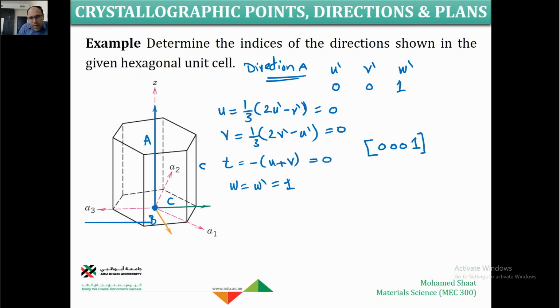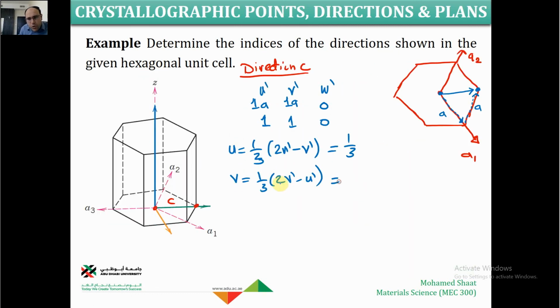Yes, exactly. And this gives us 2 negative 1 gives 1, times 1/3 equals 1/3. And T equals negative U plus V, which is U plus V gives 2/3, so this gives us negative 2/3, and W will be W prime, which is 0.